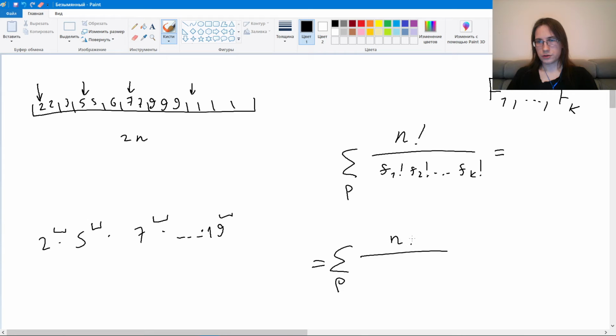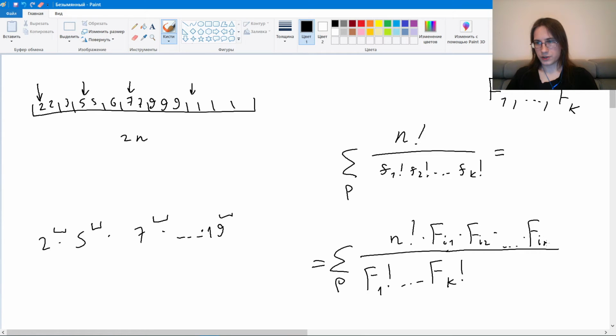n factorial over the product of all F large factorials, but some of those factorials are divided by their corresponding fi. So let's write here in the numerator fi1 times fi2 ... fin.